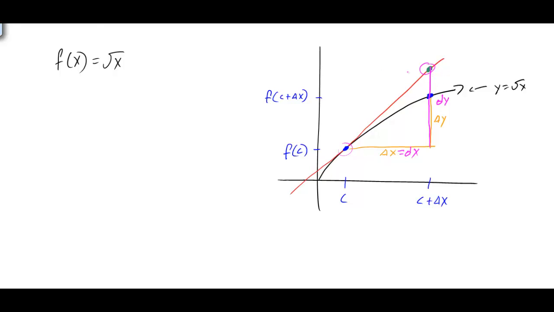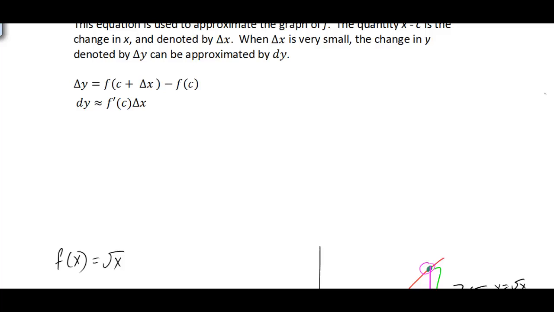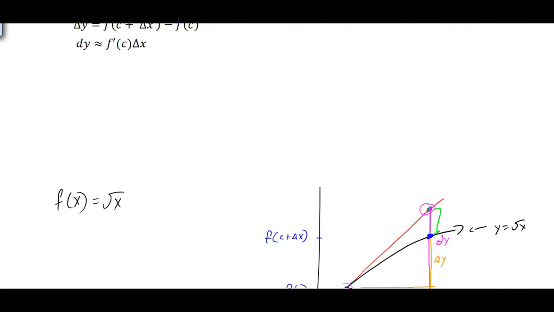Now, keep in mind, you're thinking, well, this is a big change here, but remember, this point is really very close down here. So if you notice, there's not much of a difference between those 2 points if we think of this green point being all the way down here somewhere. So what does that mean based on our formula up here for this differential dy?